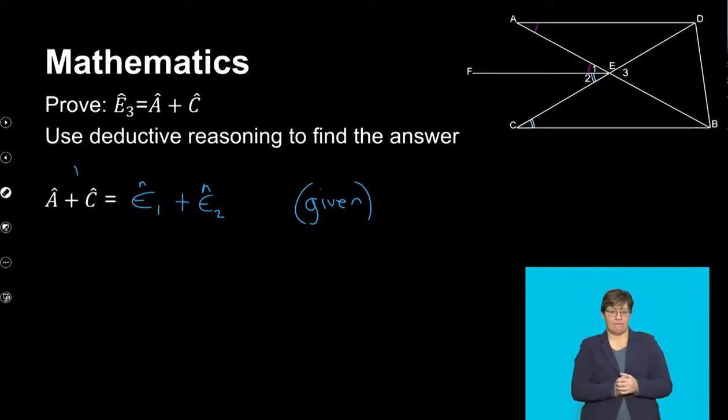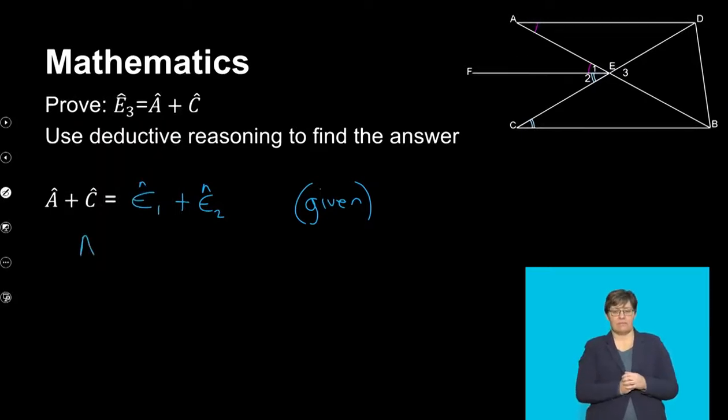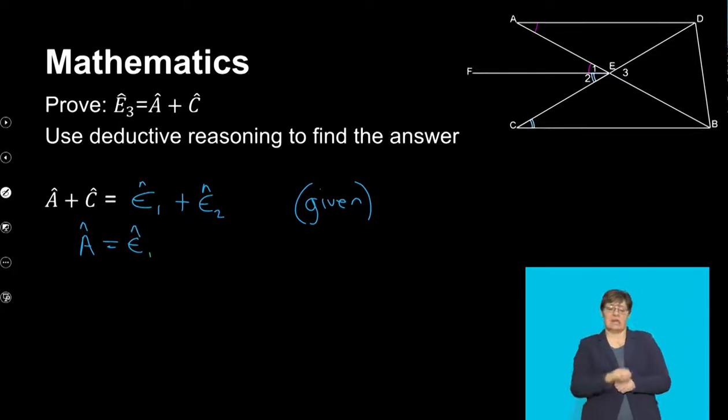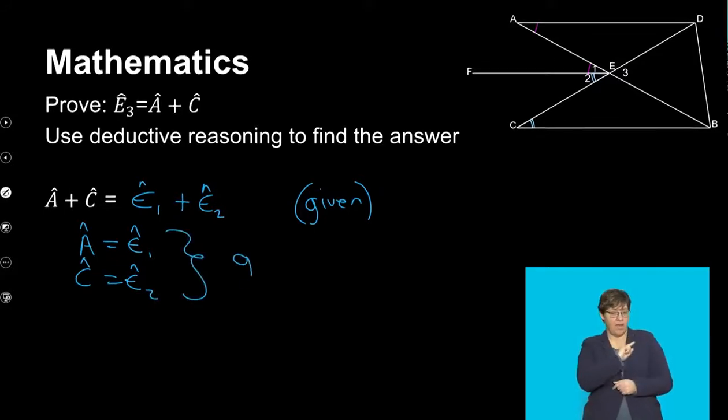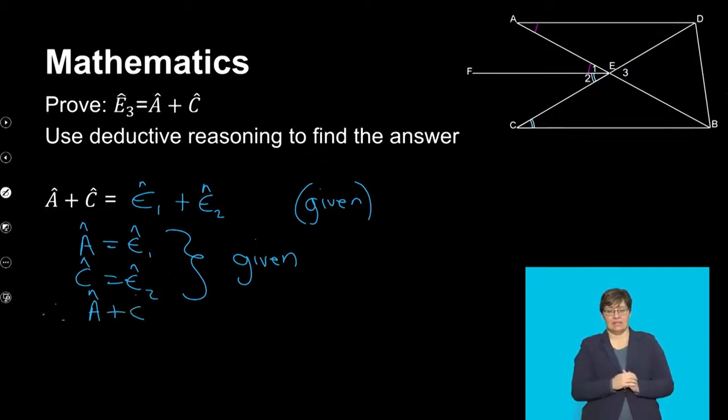Let me show you, because then you won't be making those errors in a proof. You will start by saying A is equal to E1, and you will say C is equal to E2. Both of these are because they were given in the statement. As a result, I know that A plus C will be equal to E1 plus E2.